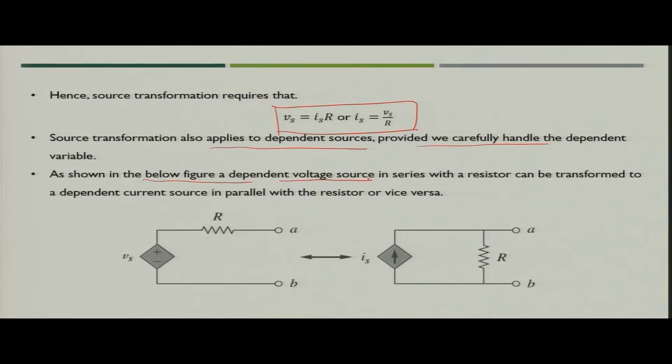As we saw in the previous case, in this case also you can establish the relationship, that if a voltage source is in series with resistance R, it can be represented equally as a current source in parallel with resistance R. So, in this case the voltage source would be a dependent voltage source, similarly the current source will also be a dependent current source, and the relationship between these two should be established in such a way that the dependency of these sources is intact.